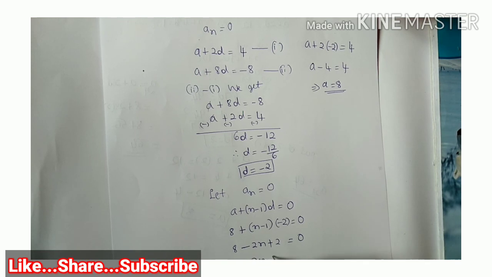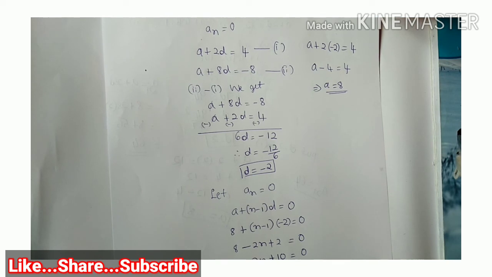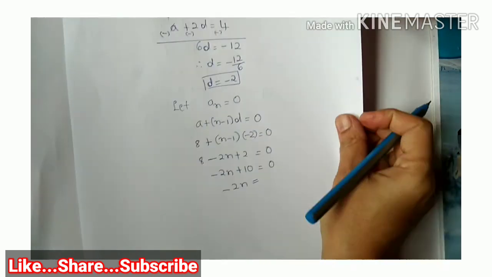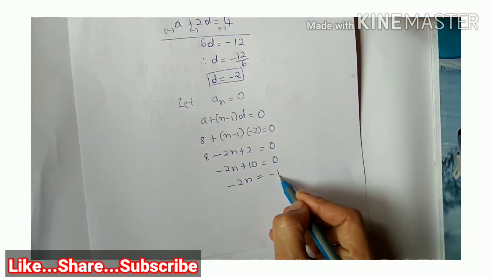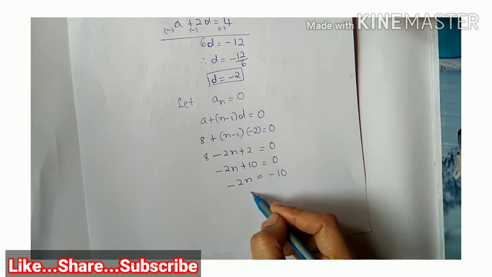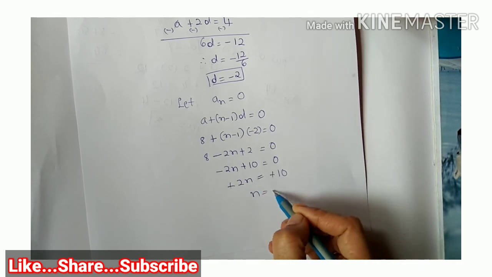Minus 2n plus 10 is equal to 0. Minus 2n is equal to minus 10. Therefore n is equal to 10 by 2, 5.